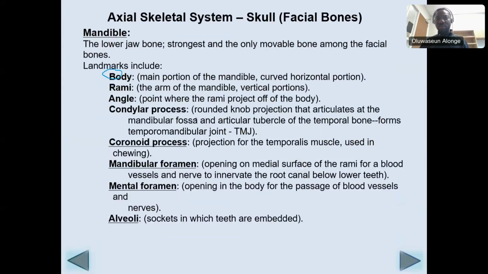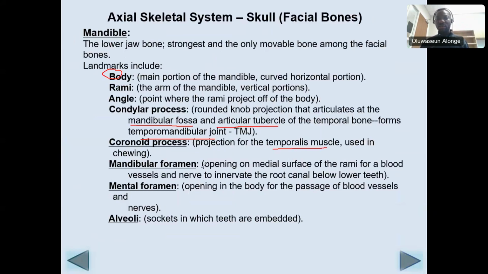The major thing the condylar process does is connect with the mandibular fossa and articular tubercle of the temporal bone to form what we call the TMJ, temporomandibular joint. The coronoid process is for muscle attachment, the temporalis muscle, which you use in chewing. That is the projection that allows that.